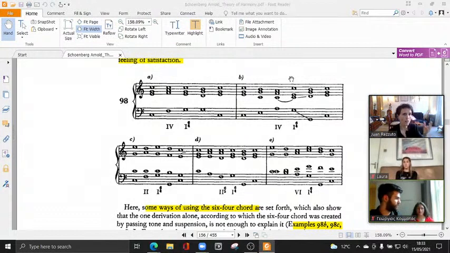Always approach by leap or skip, ascending. In this case, the A ascends by skip, and always resolves stepwise down, descending. Usually semitones, in this case always a semitone.